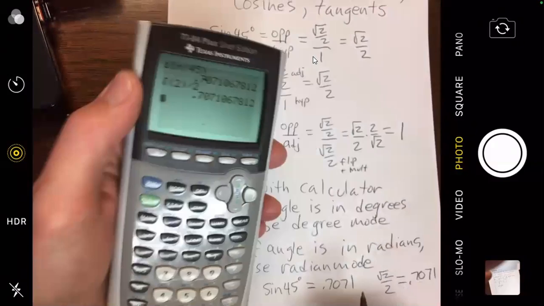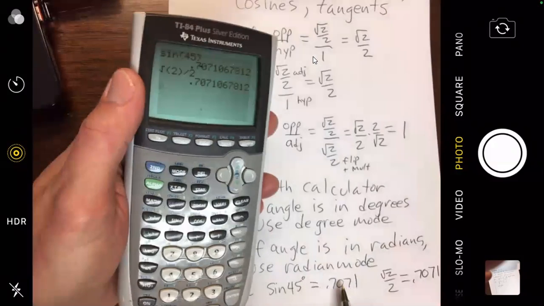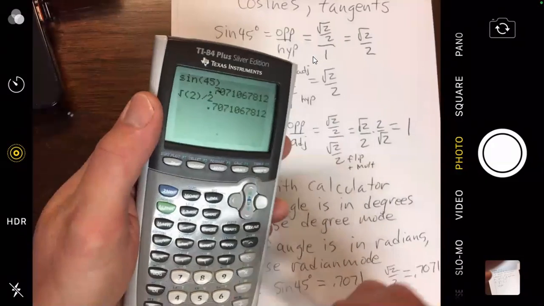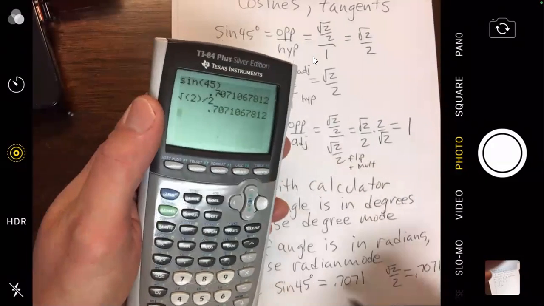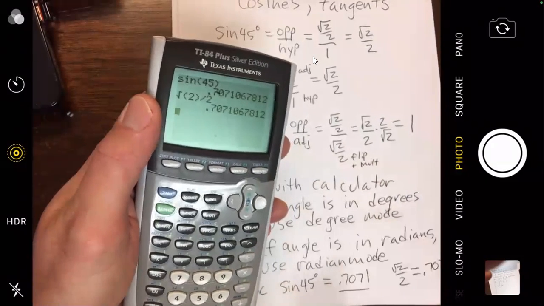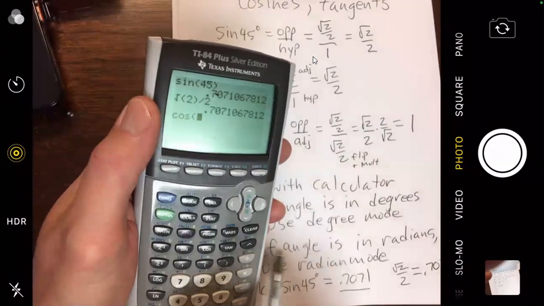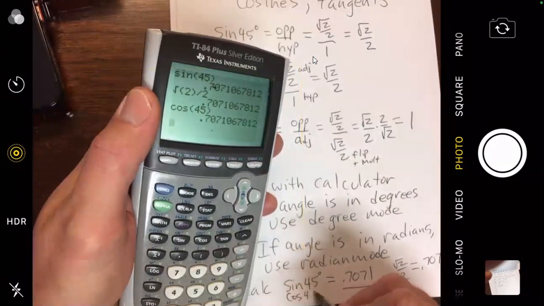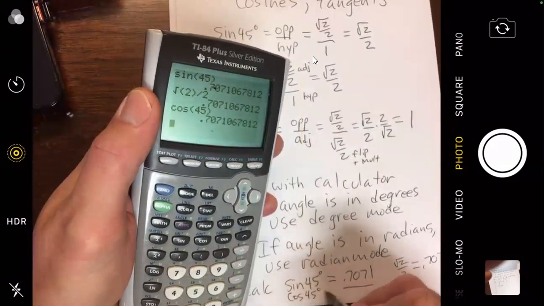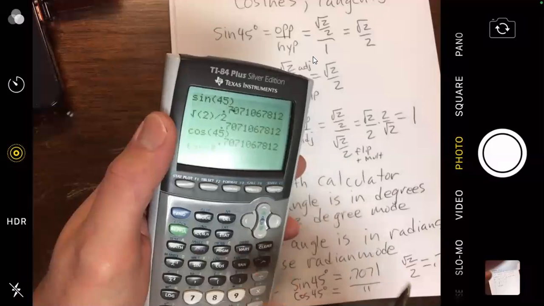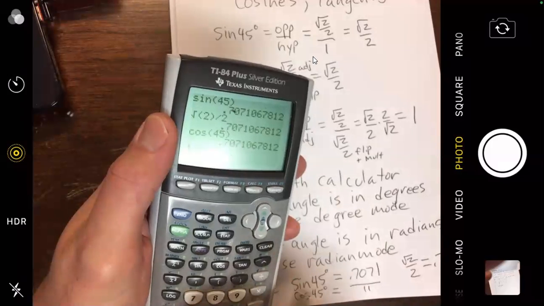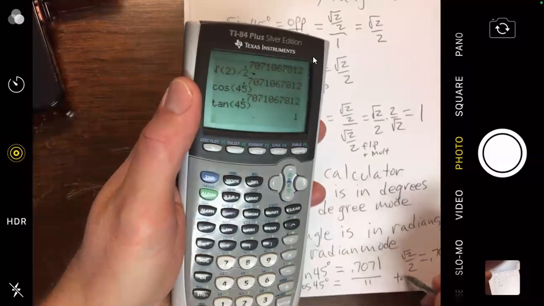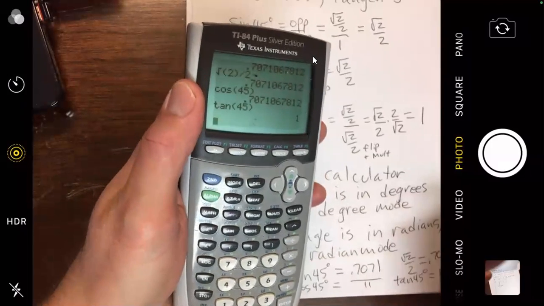There are special calculators that would probably tell you root 2 over 2 directly, but these more basic ones do not do that. They give you the decimal equivalents. I can check with a cosine of 45. Same thing. The tangent of 45 we said was 1. Sure enough. Tangent 45 degrees equals 1.